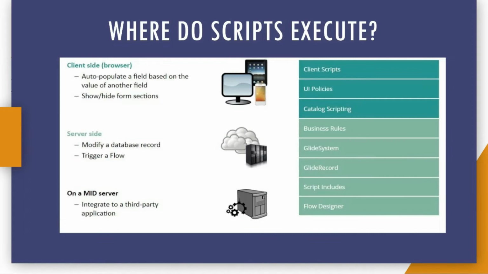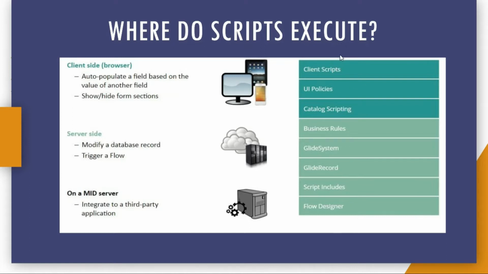So let's move further and see where our script executes. It executes on the client side, where auto-populating a field based on the value of another field happens, or showing or hiding form sections. On the server side, it modifies a database record, triggers a flow or workflow on a MID server, or integrates with a third-party application.